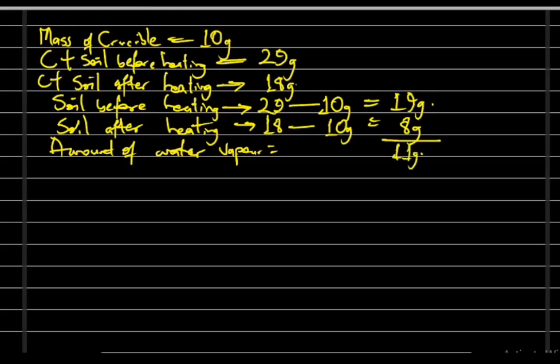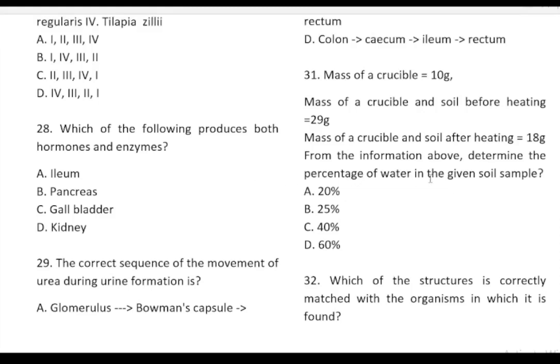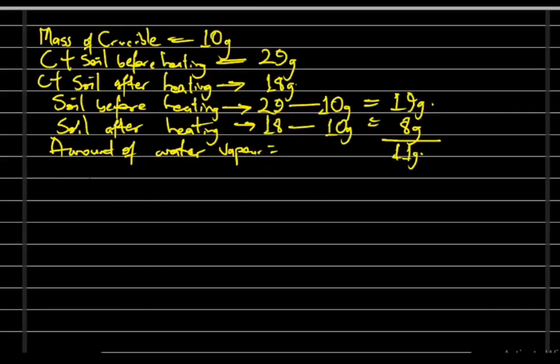So the question now is asking us to determine the percentage of water in the given soil sample. So we have the percentage of water to be 11 over 19 times 100 over 1.